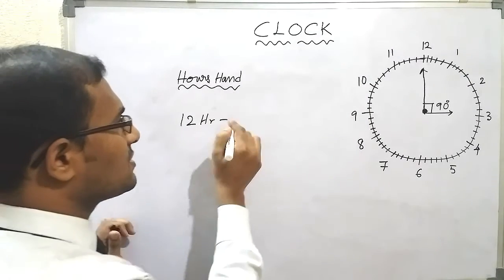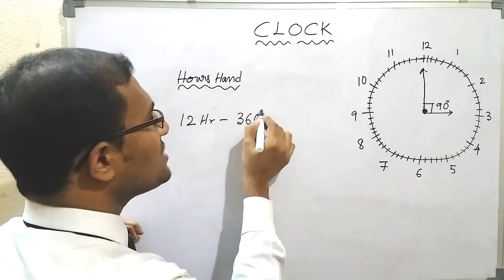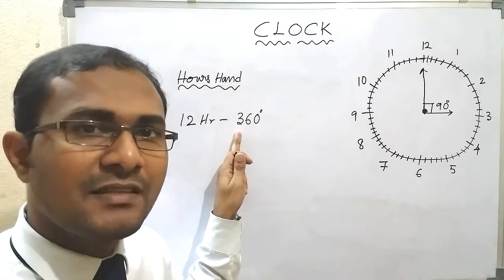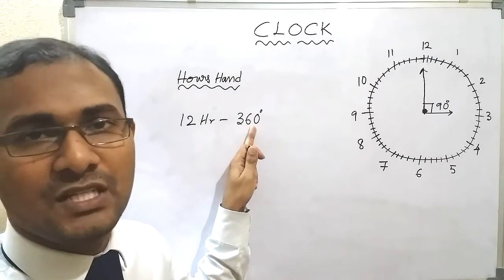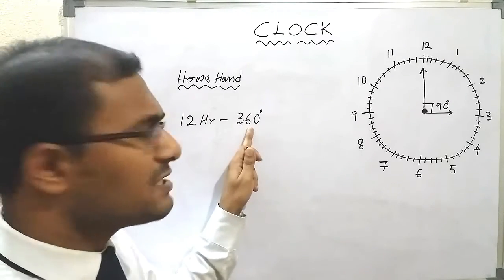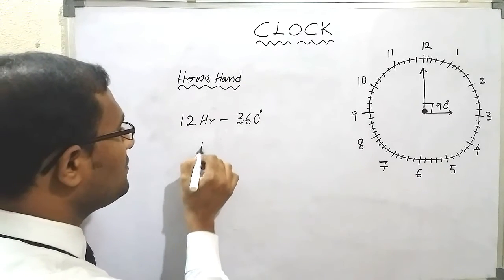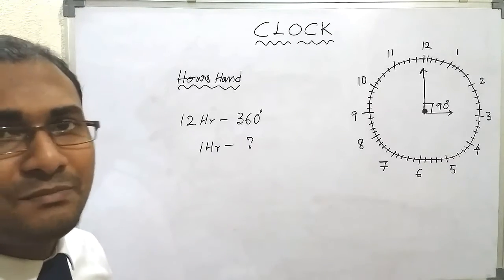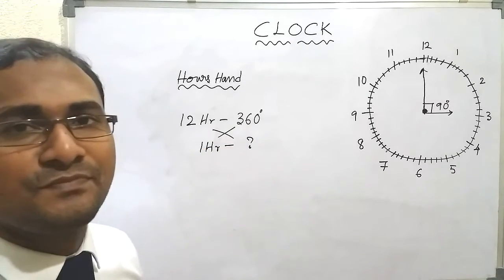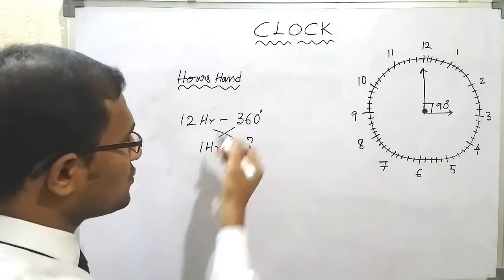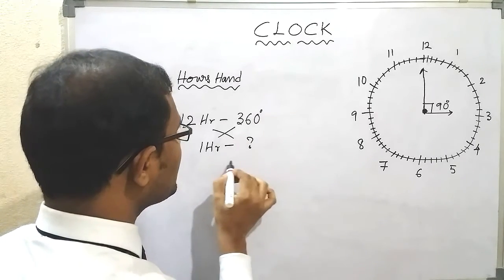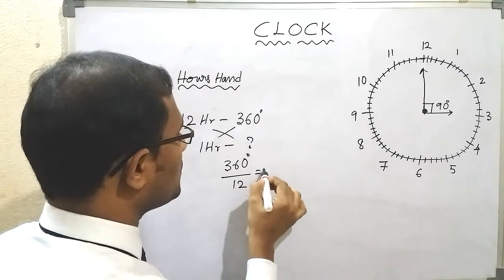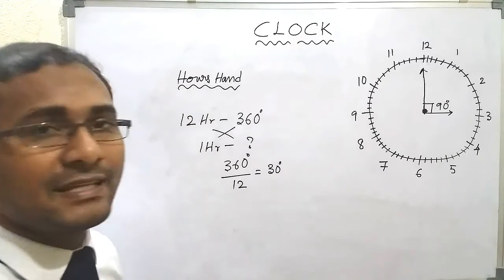In this 12 hours, how much angle does it cover? 360 degrees. If it covers 360 degrees in 12 hours, then for every 1 hour, how much does it cover? Simply cross multiplication: 360 degrees divided by 12, which is 30 degrees.